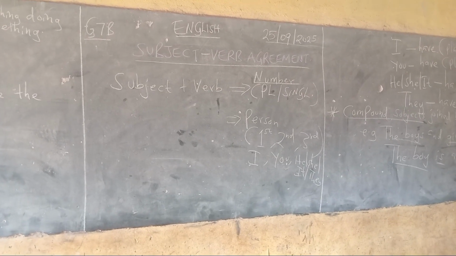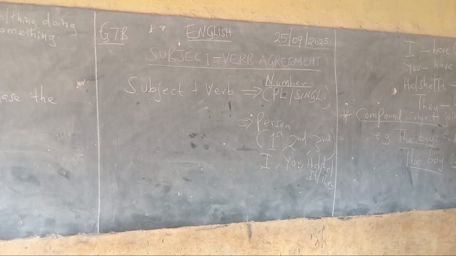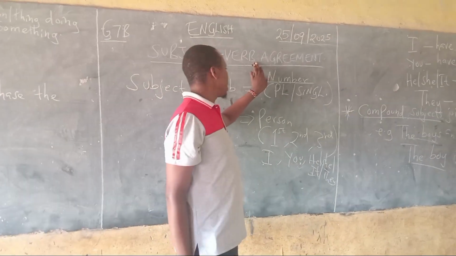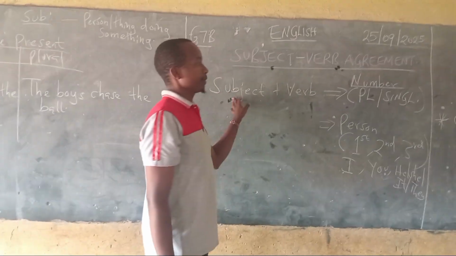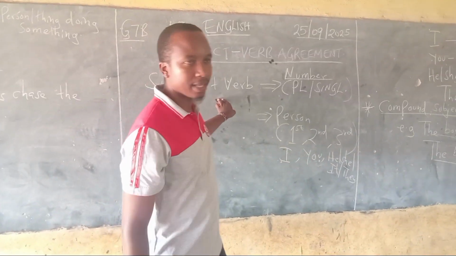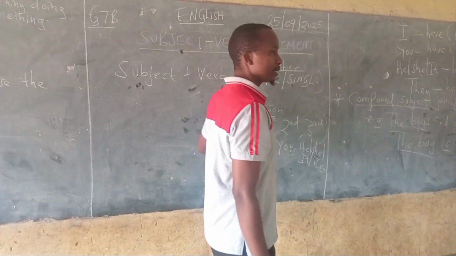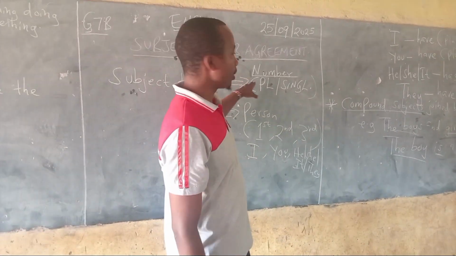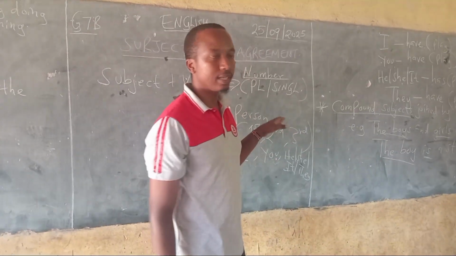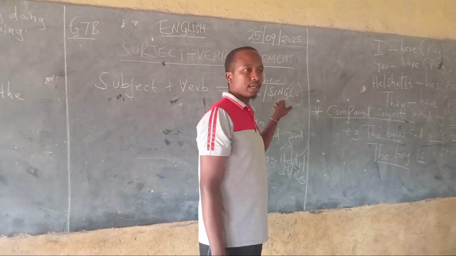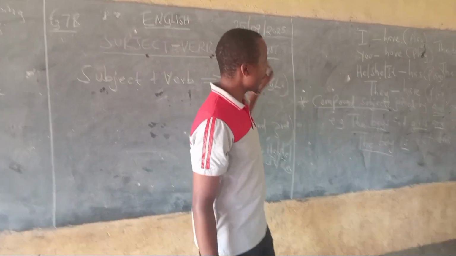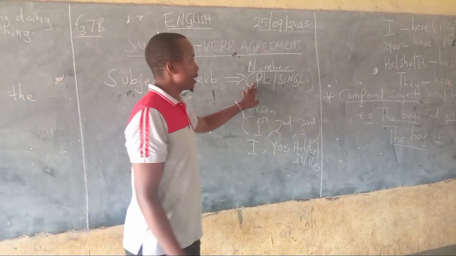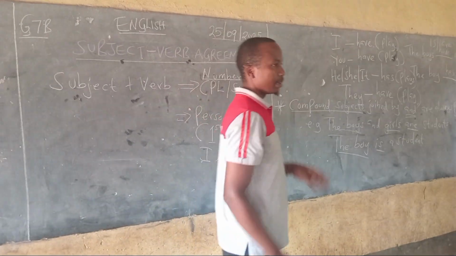So, we just want to summarize the lesson. We said that subject and verb agreement means that the subject and the verb must agree in terms of number and person. Are we together? Yes. And when we talk about number, that means it's either plural or singular. If a subject is in plural, then the verb should also be in plural.